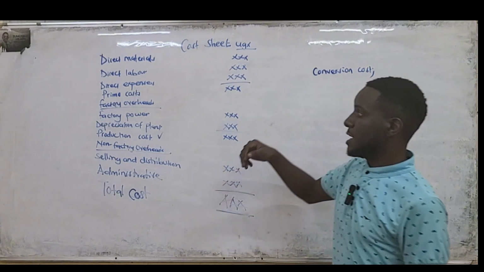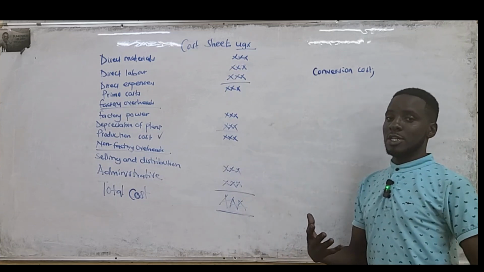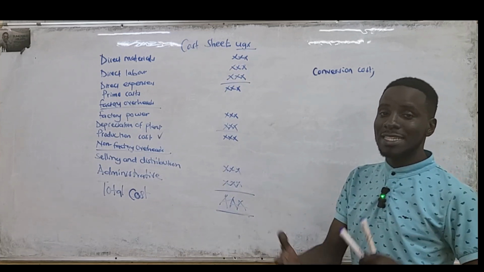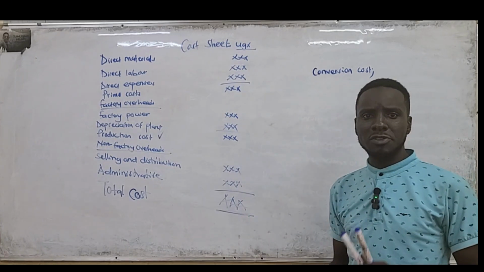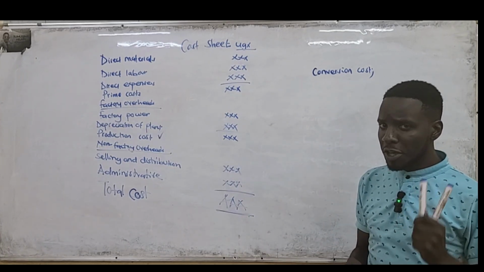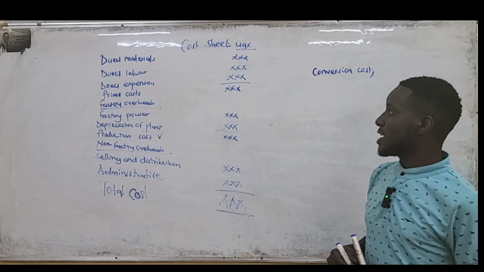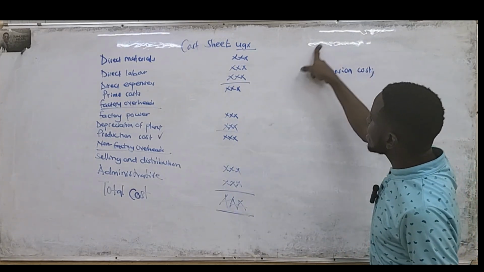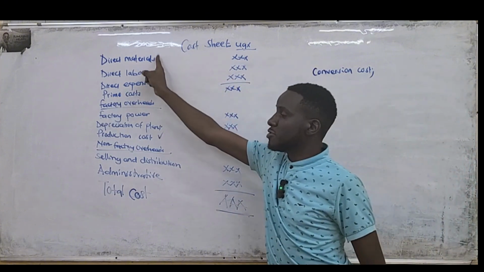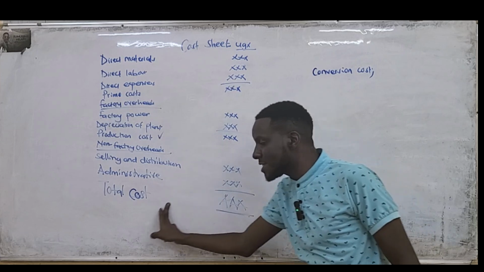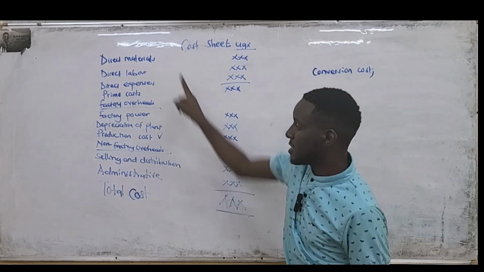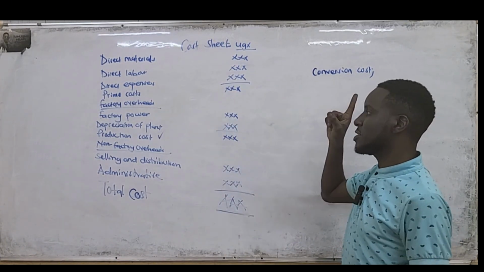So the raw materials that we have got, how much cost has been incurred for these raw materials to be transformed into a finished product. So it means we are looking at other costs except the direct materials. Except these materials, all other costs involved in making these materials a finished good. That's what they call conversion cost.